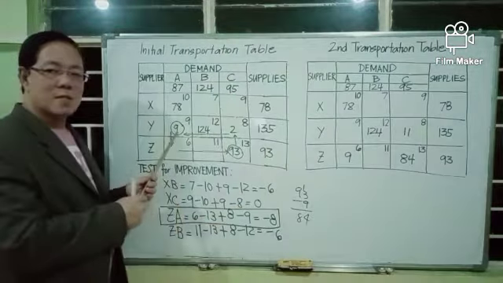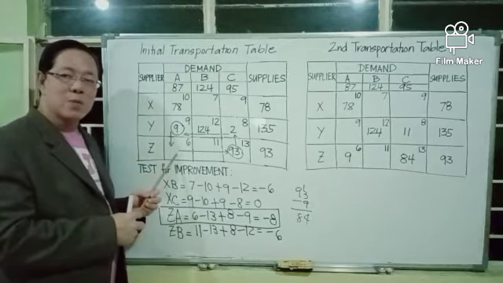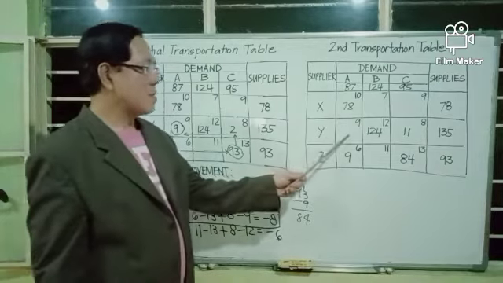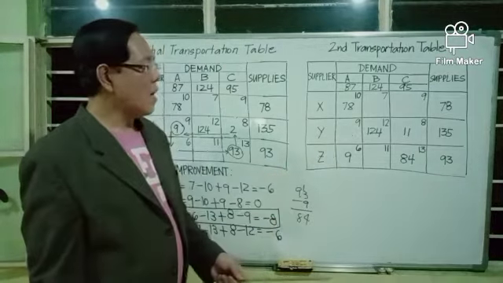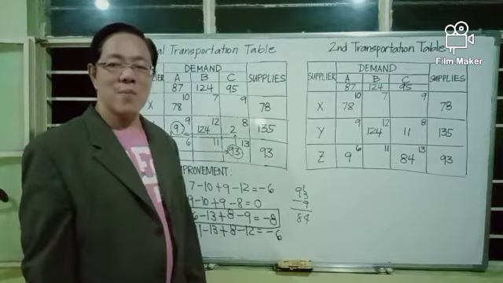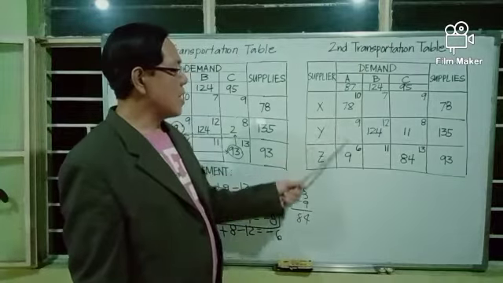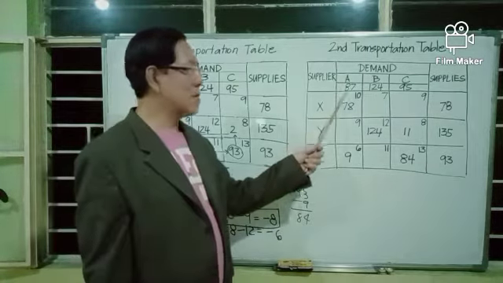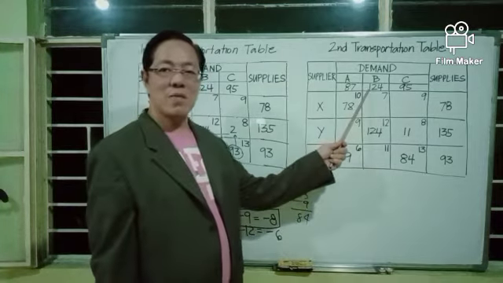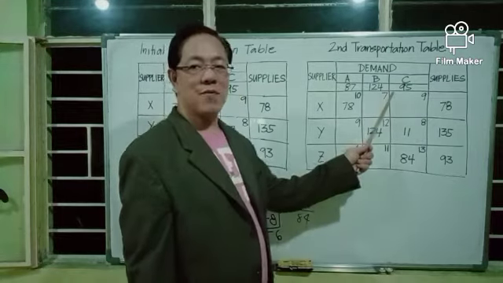And this cell from which we get 9 units that we transfer to the vacant cell CA would be empty. Now you check if the table is still balanced by adding the numbers vertically. 78 plus 9 is 87. 124 plus 0 is 124. 11 plus 84 is 95.